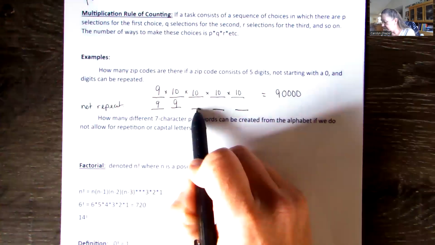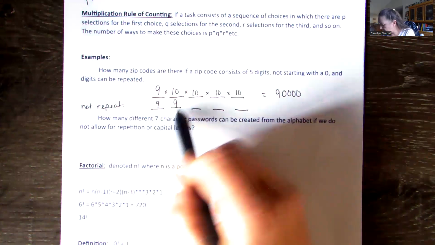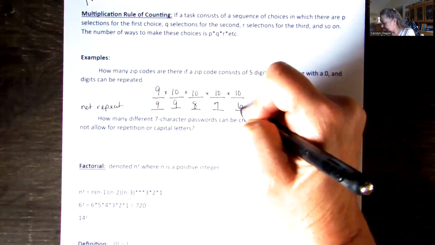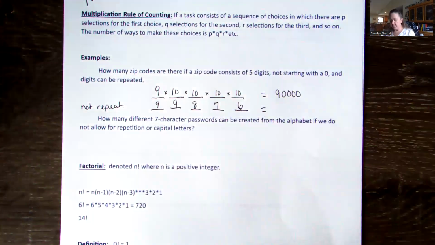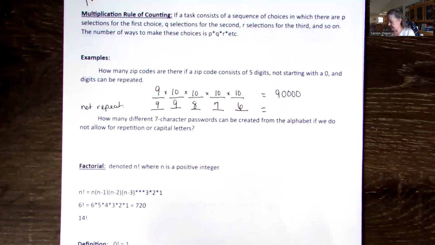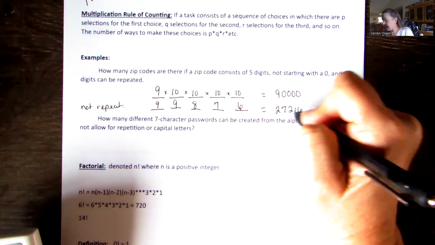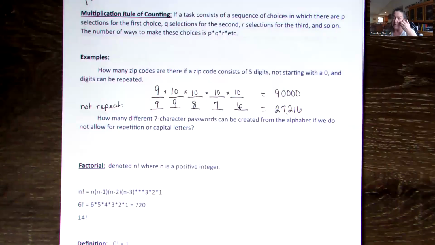Here we can't use either of those 2, so we only have 8 choices, and then 7, and then 6. So again, multiplying these together, we have 27,216. So a lot fewer choices when we are not allowed to repeat.